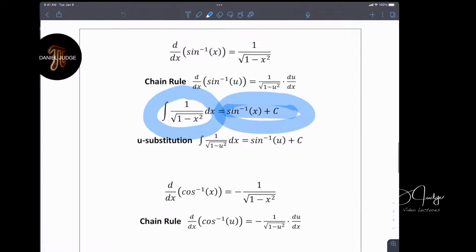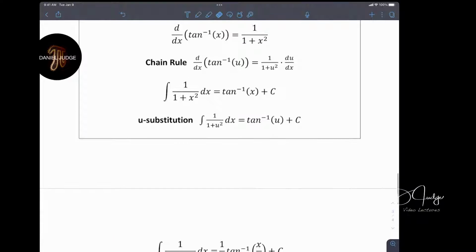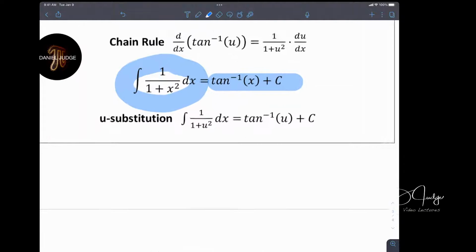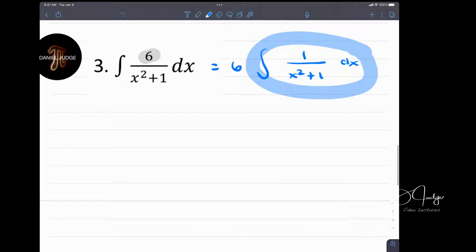So going back to this formula, it's right here. If we ever see this integral, it's inverse tangent x plus c. Okay, so we get to replace that with inverse tangent x plus c.